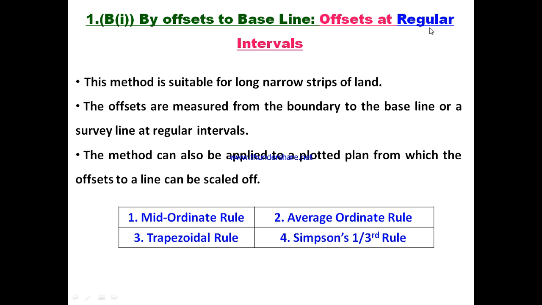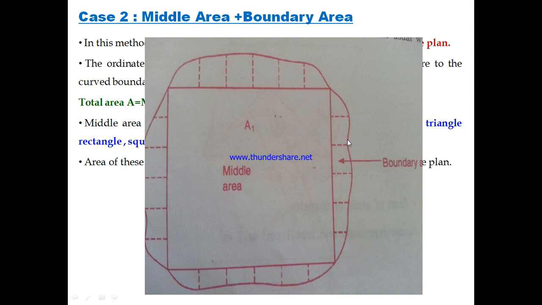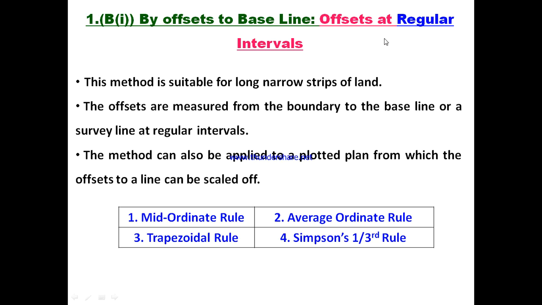But suppose here also these offsets are at regular interval, meaning this distance is equal, this distance is equal, this distance is equal. So all these distances are equal, while this particular distance is not equal and the last one is not equal. So in this case, if the offsets are drawn at irregular interval, then we need to apply different methods, that is the coordinate method.